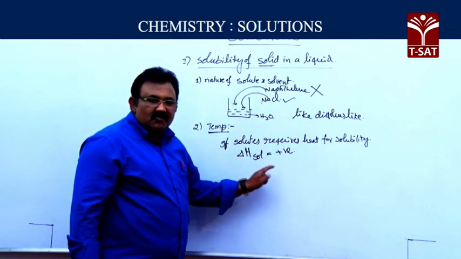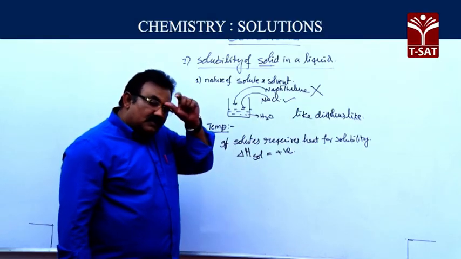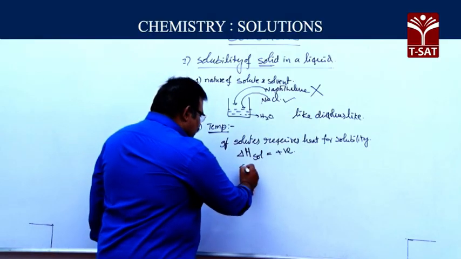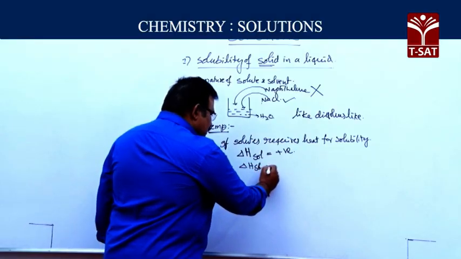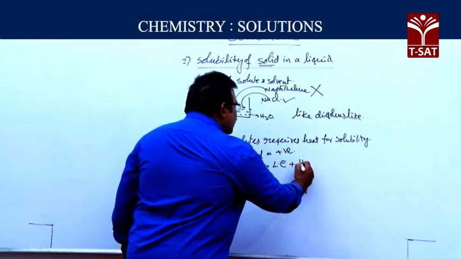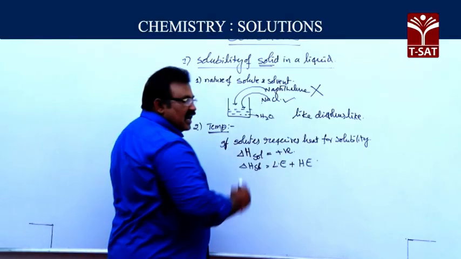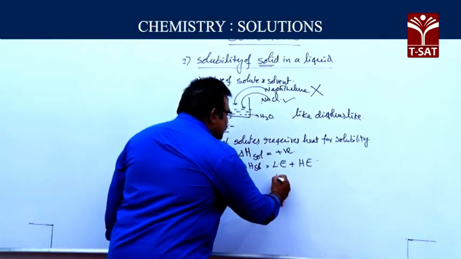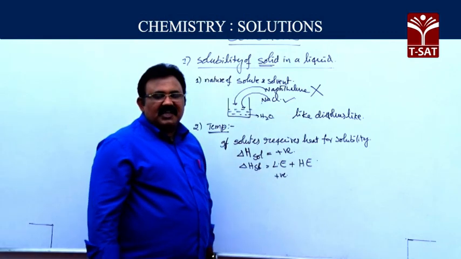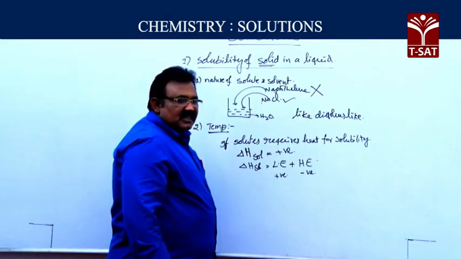The enthalpy of solution is decided on the basis of lattice energy of the substance and also its hydration energy. Enthalpy of solution is the sum of lattice energy of the solute and hydration energy of the solute. Lattice energy is the required amount of energy, so delta H is positive. Hydration energy is the released amount of energy, that is negative.